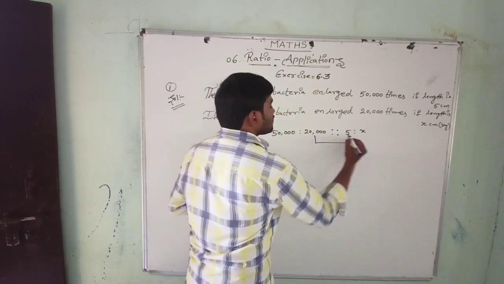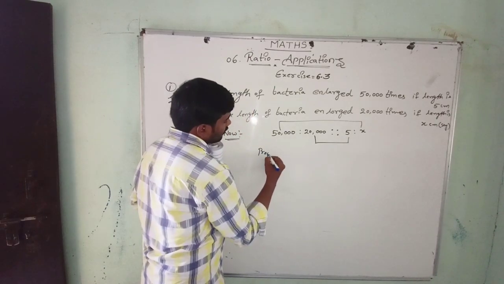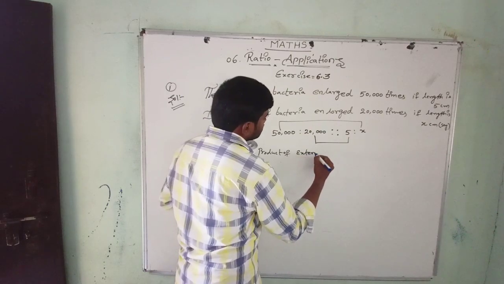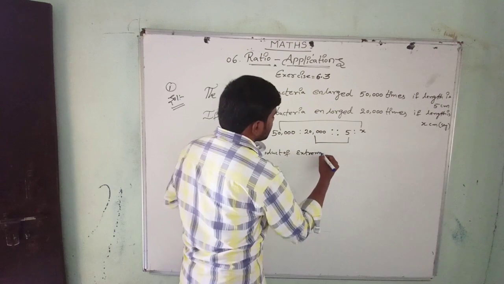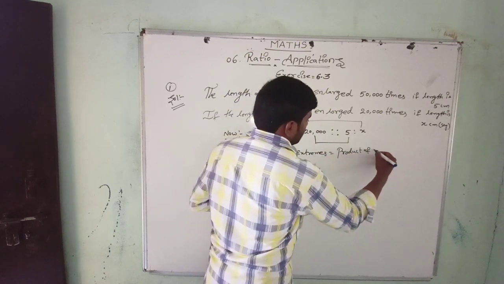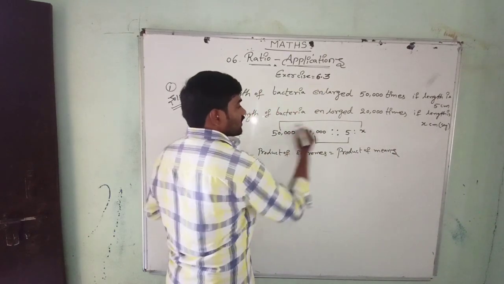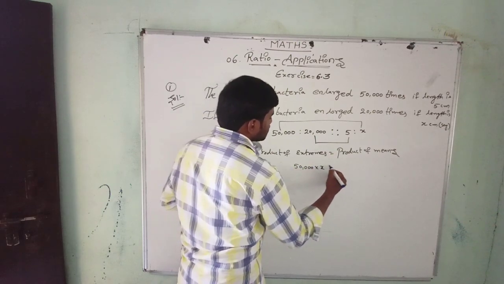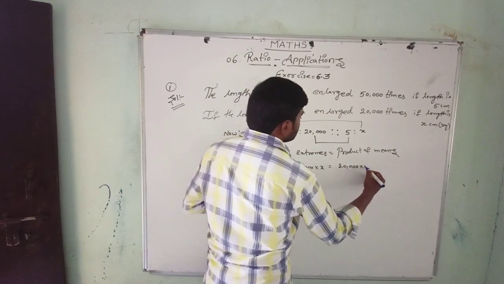Then product of means equals product of extremes. Product of extremes, that is 50,000 into x, equals product of means, 20,000 into 5.